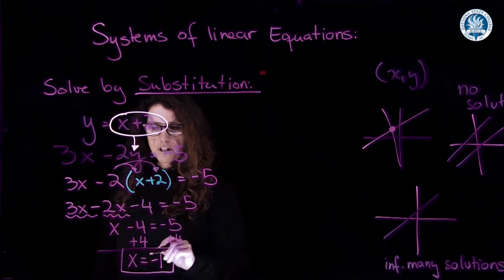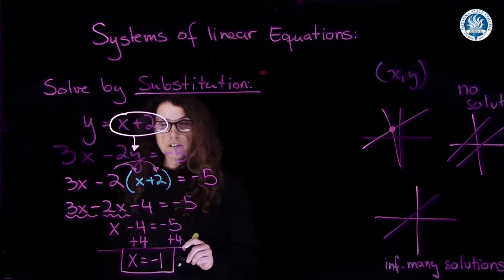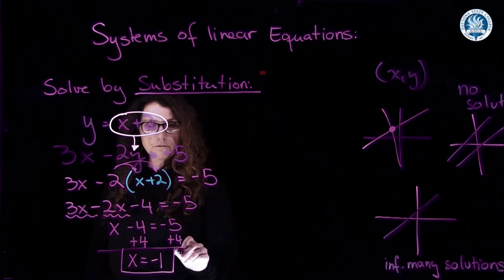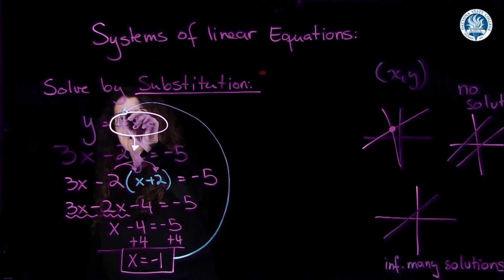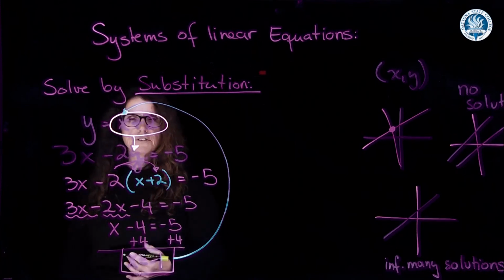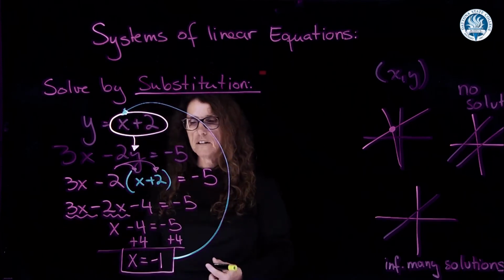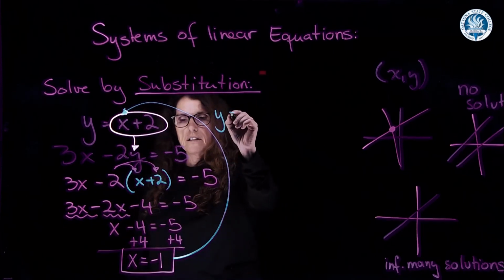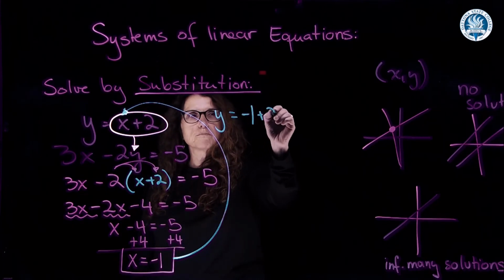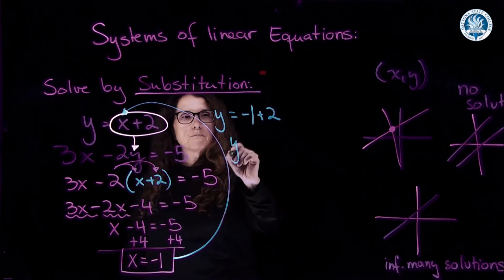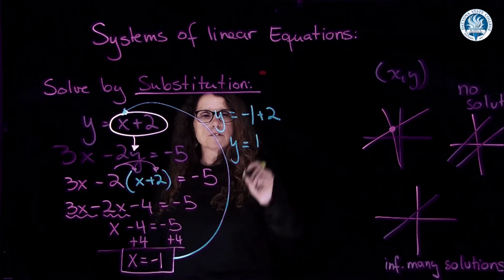Since we have a value for x, we also now need to find the corresponding value for y. And how do we do this? We substitute into the equation that says y equals, replacing the x with -1: -1 plus 2. -1 plus 2 is indeed 1.